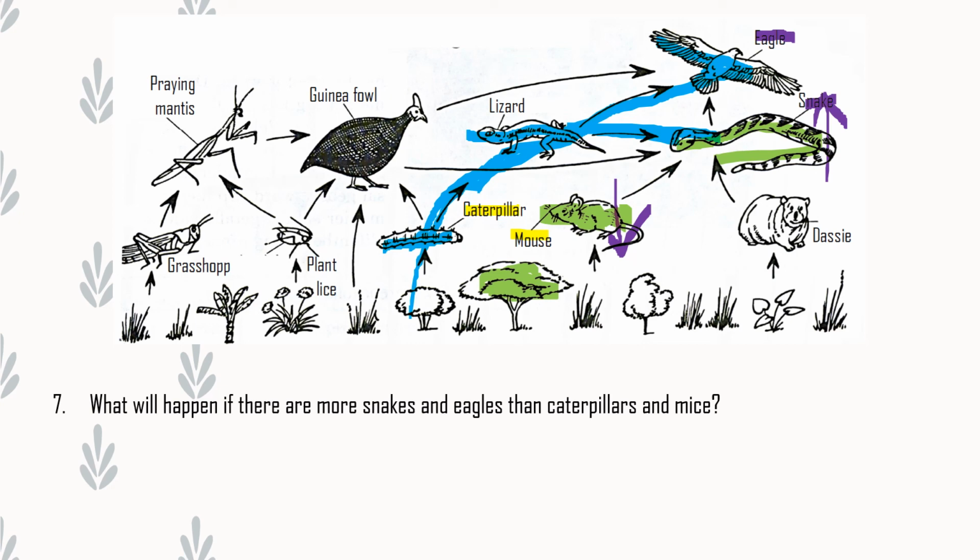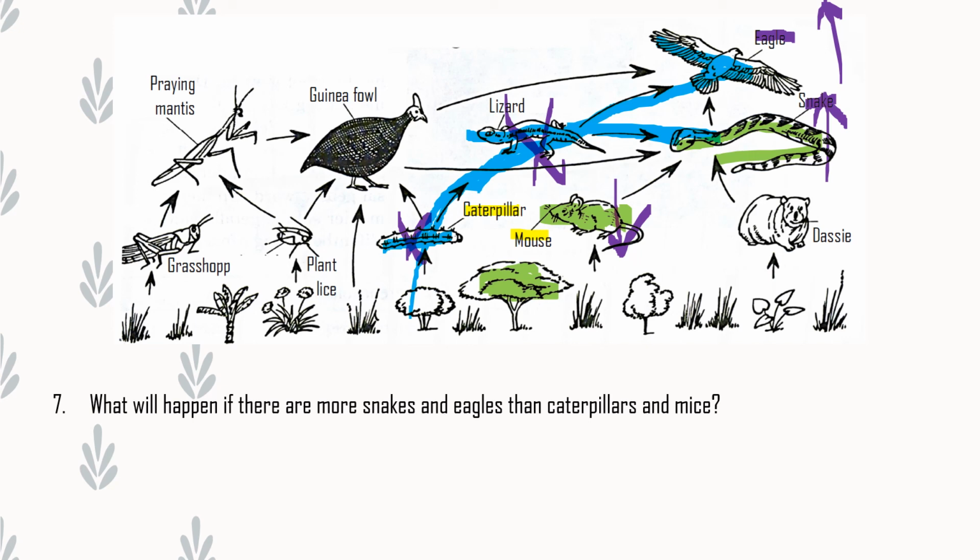So if the eagle and snake levels are higher, the eagles would prey on the lizards, so there'll be less lizards, and therefore there'll be less caterpillars. And the same with the snakes.